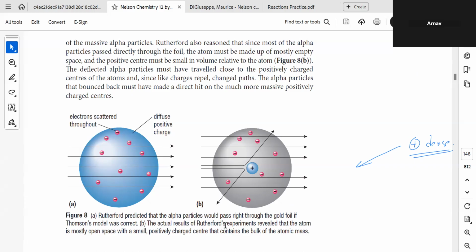The actual results of Rutherford's experiment revealed that the atom is mostly open space with a small positively charged center that contains the bulk of the atomic mass. Done?